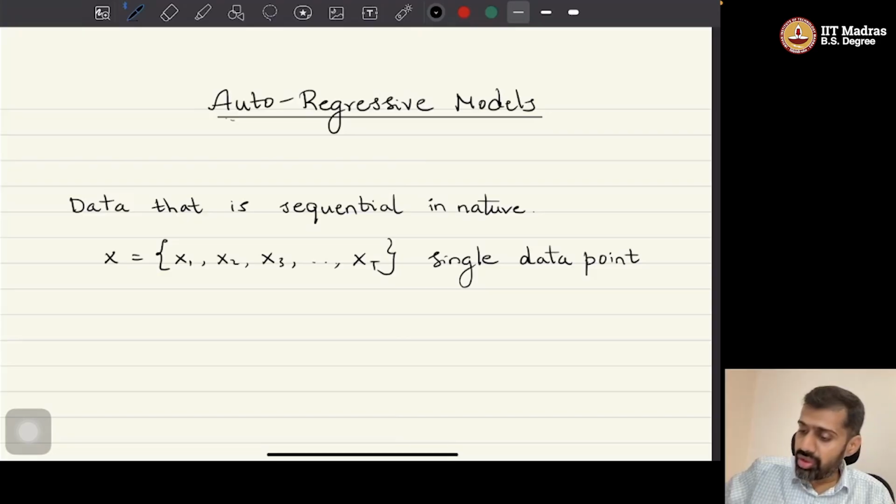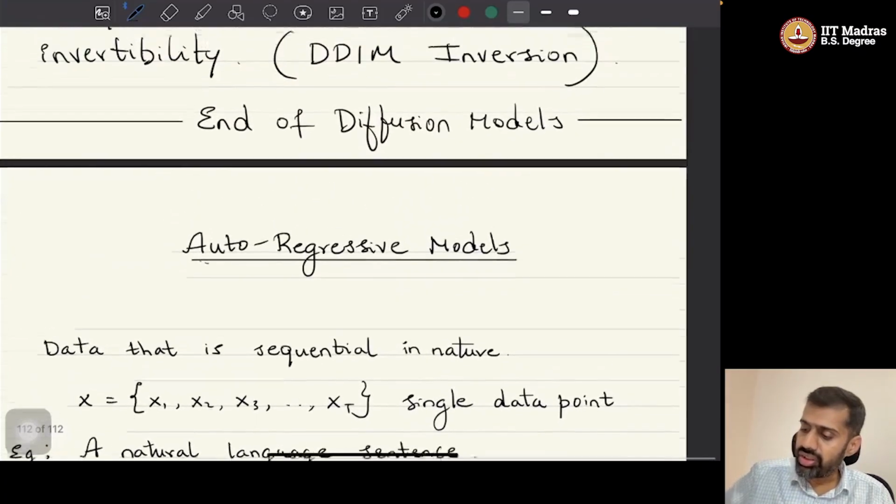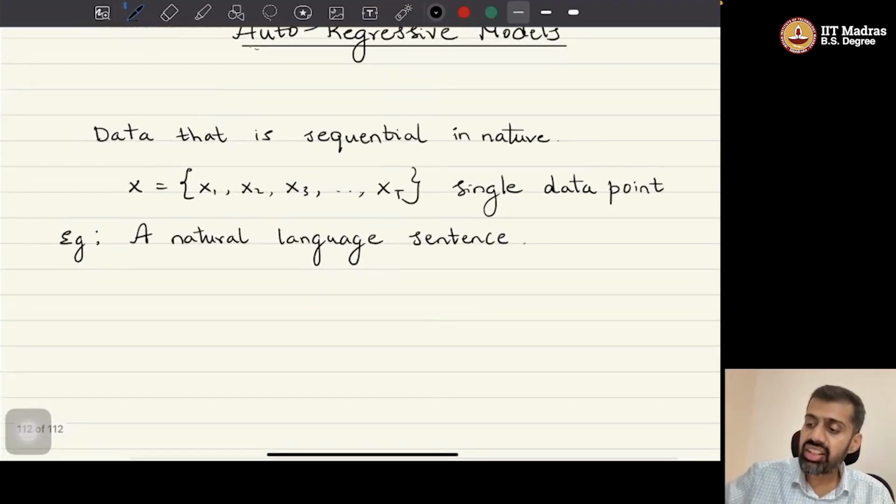An example of a sequential data point can be a natural language sentence. This very sentence that I wrote is an example of a sequential data point where every word here can be represented as one constituent element of this sequential data point.